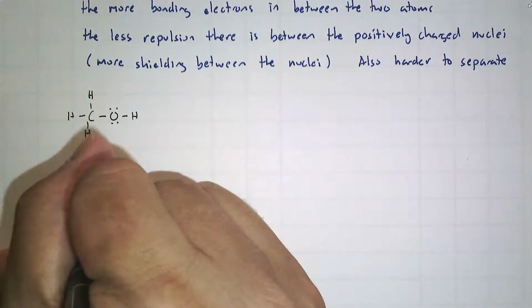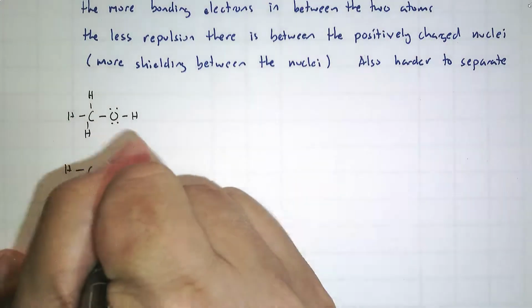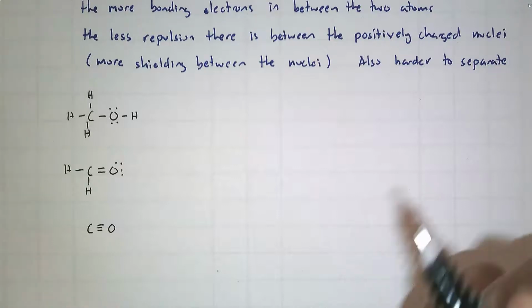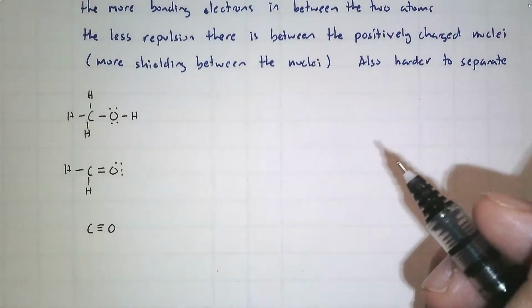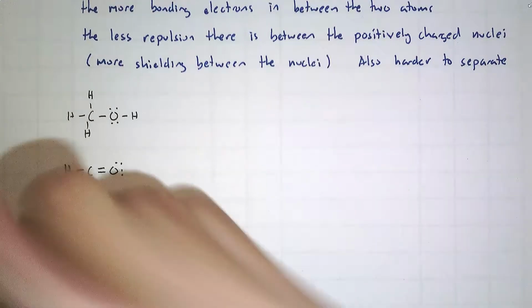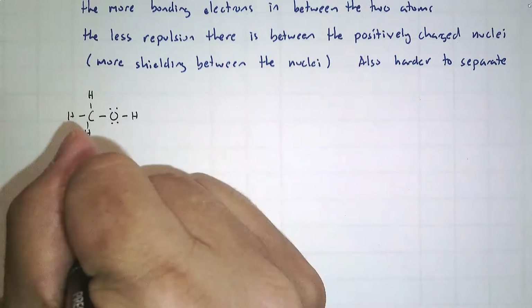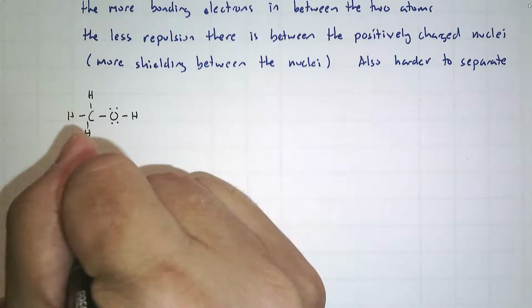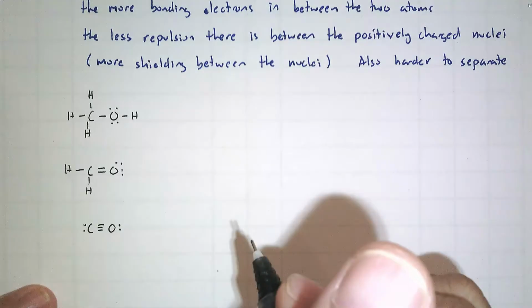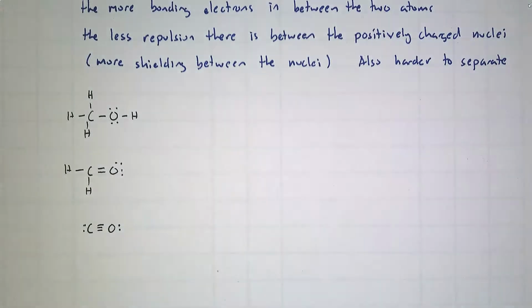And then there is a case where you could have a triple bond. It's going to look a little strange. This is going to be carbon monoxide. Carbon monoxide actually has a lone pair on carbon and a lone pair on the oxygen.